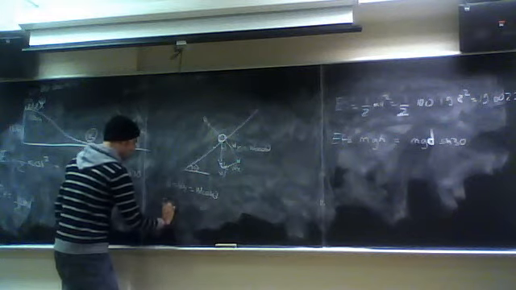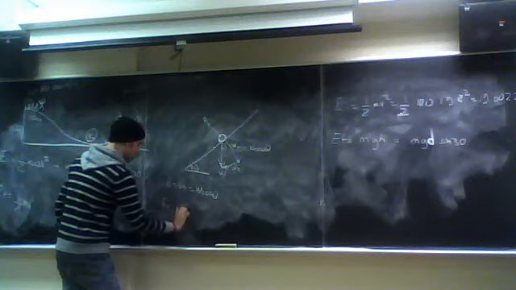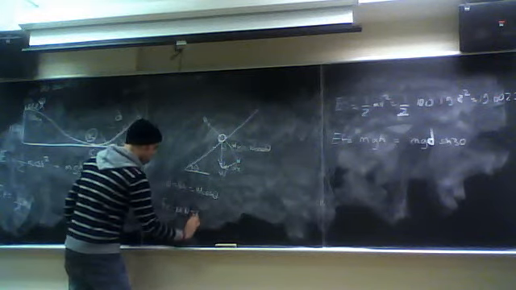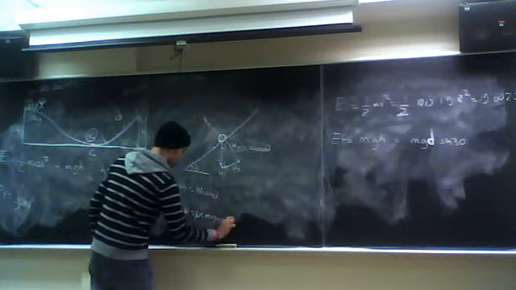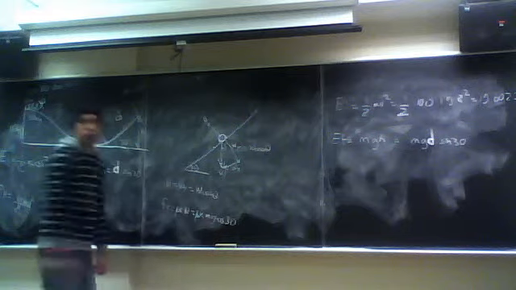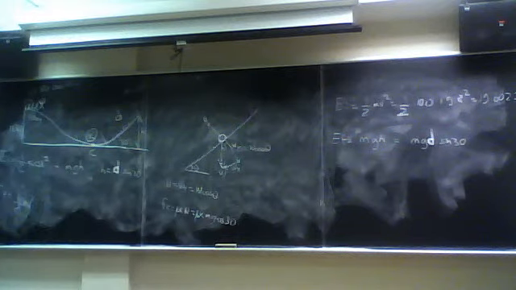In that case, the force of kinetic friction is mu k times N, which is just mu k mg cosine of 30. So now I have the force of friction between him and the ground based on his weight, based on the normal force.